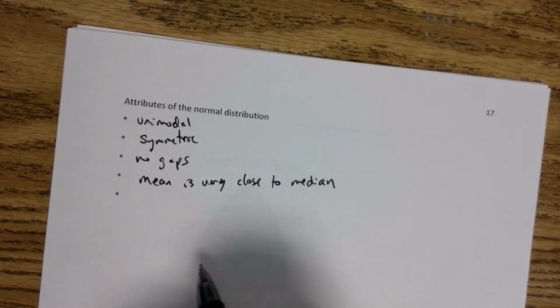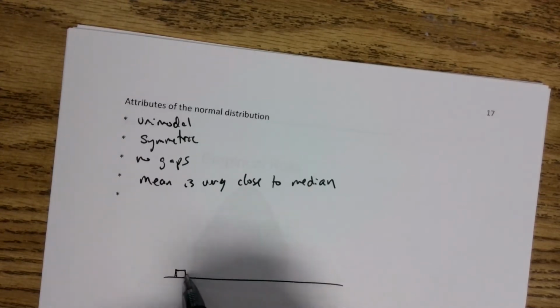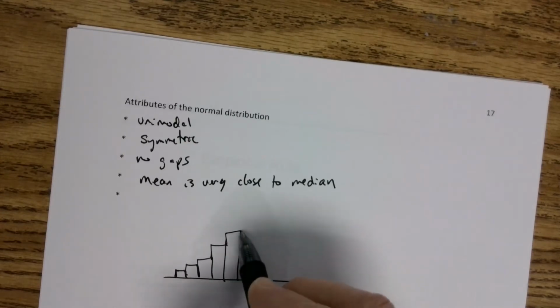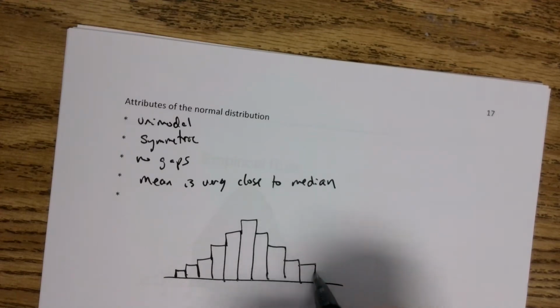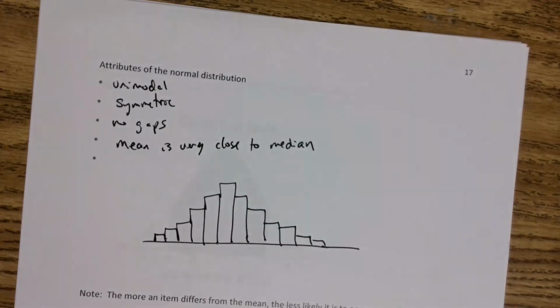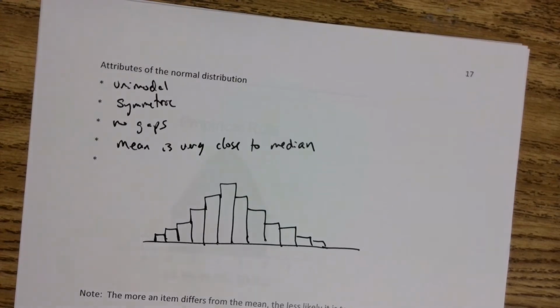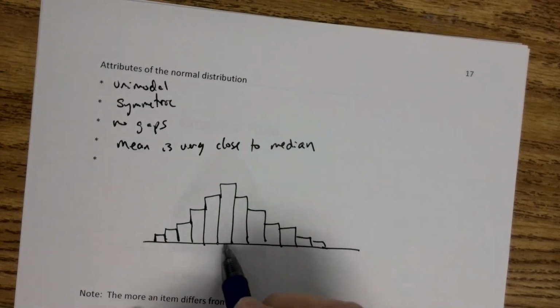And hopefully you will notice that if I have one of these things, and if you take statistics next semester, we're going to tell you something really cool about this normal model. Anyway, so here's the mean, right about here.